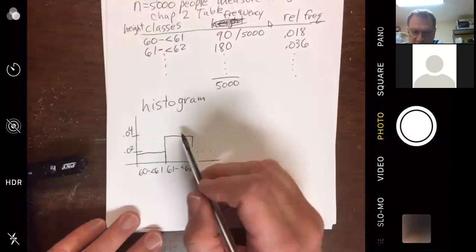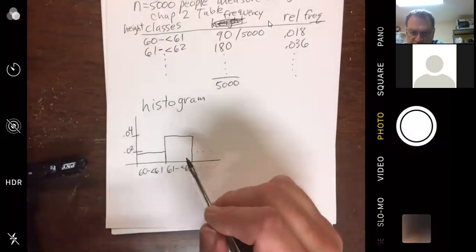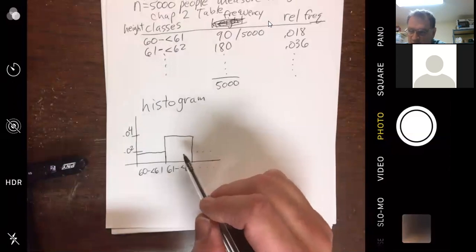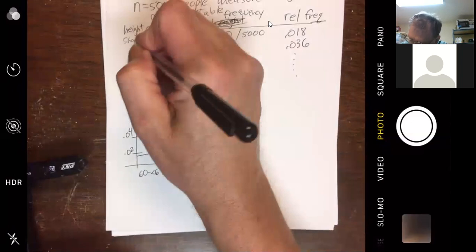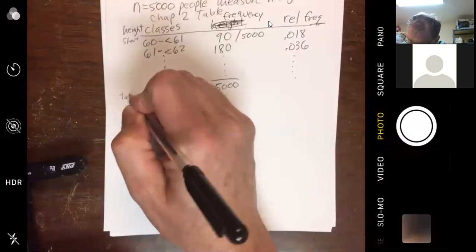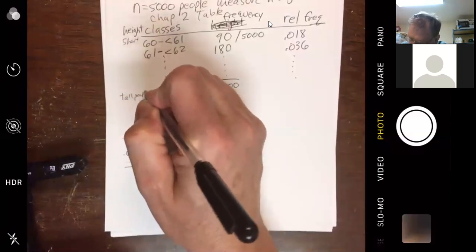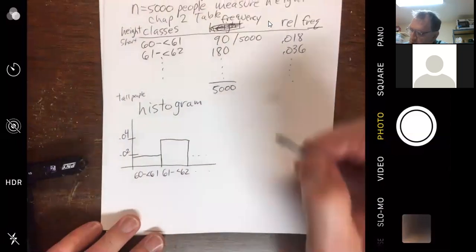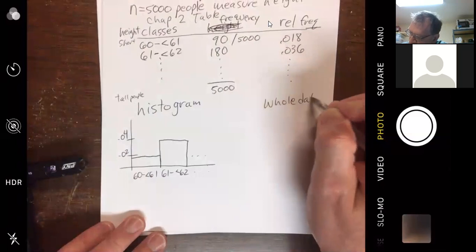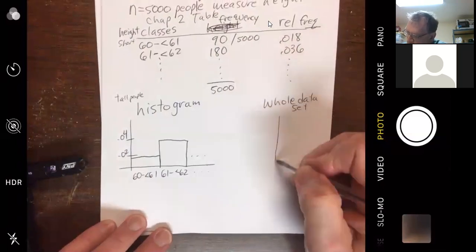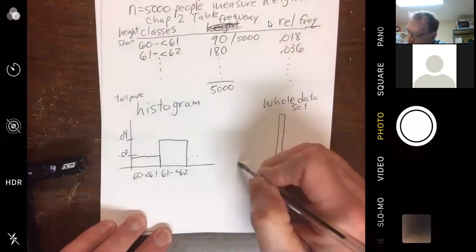This is not a picture of the entire set of data. There's a whole lot of data here. We're starting with the short people, and we're going down to tall people. So the whole data set looks like this. Turns out height is symmetric.